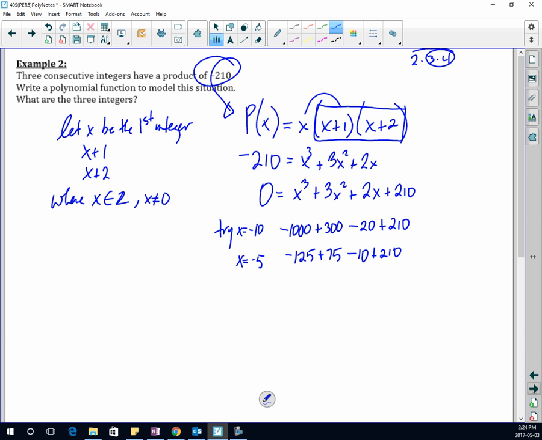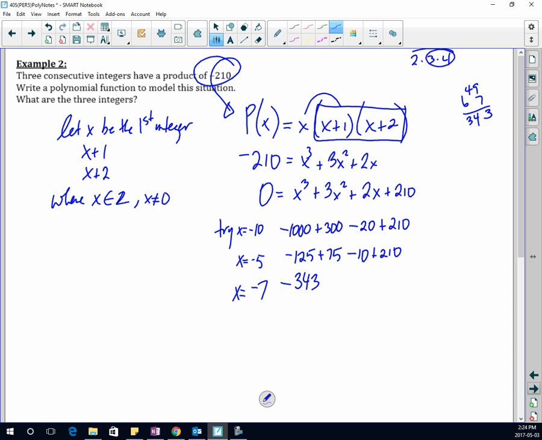Go bigger. Let's try negative 7. What's 7 cubed? 343. Well, let's just try. 49 times 7, 343. Very good. So negative 343.